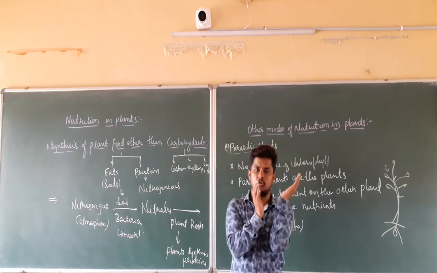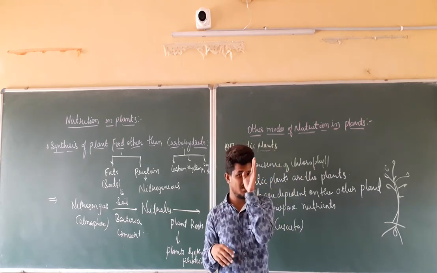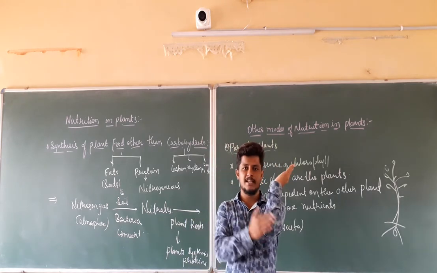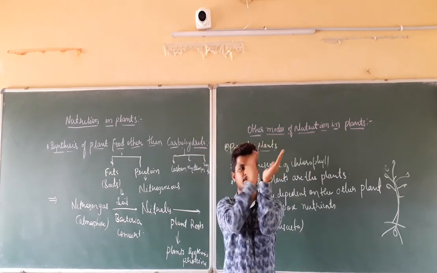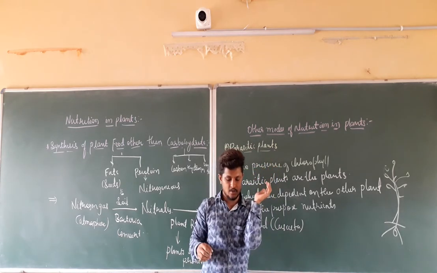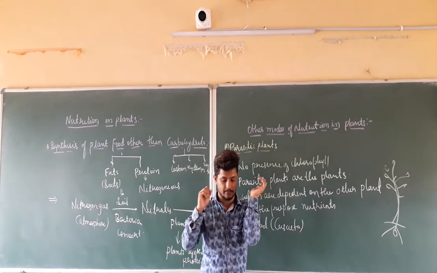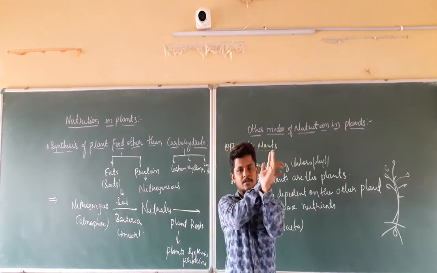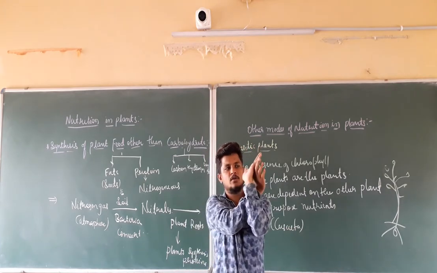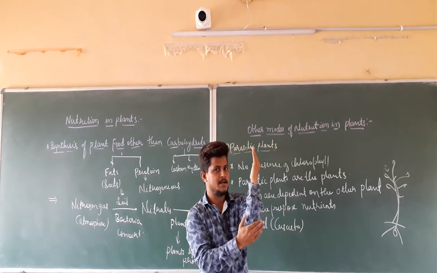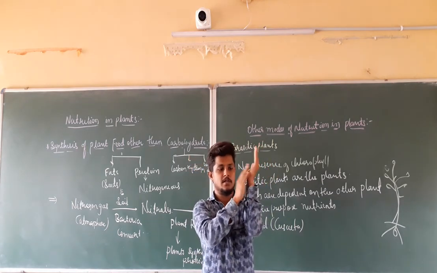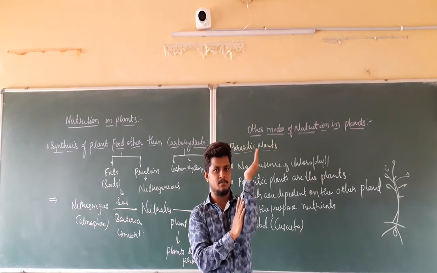This plant should grow, and it requires food. So this plant is going to wind around this plant. It is going to climb on this plant. This is the plant which makes ready-made food, and the Cuscuta depends on this food. So this plant starts to climb on this plant.